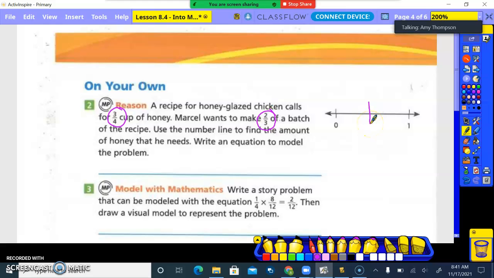So we're going to break our number line into fourths. So 1/4, 2/4, and 3/4. Okay, then of the 3/4, so it only goes to here, right? Of those 3 pieces, we need to use what? 2 of them.